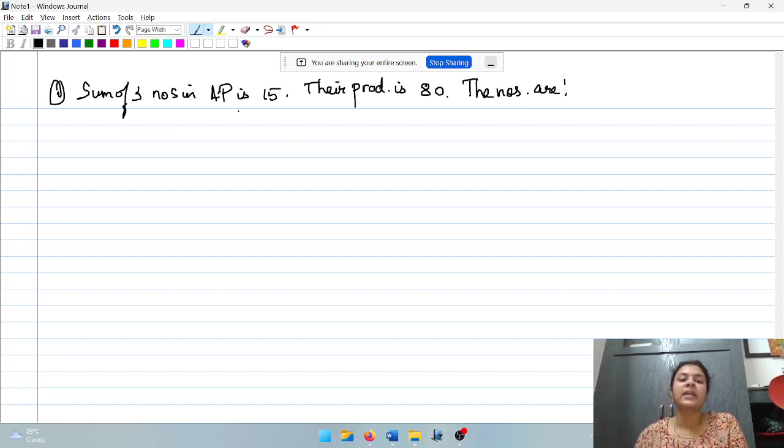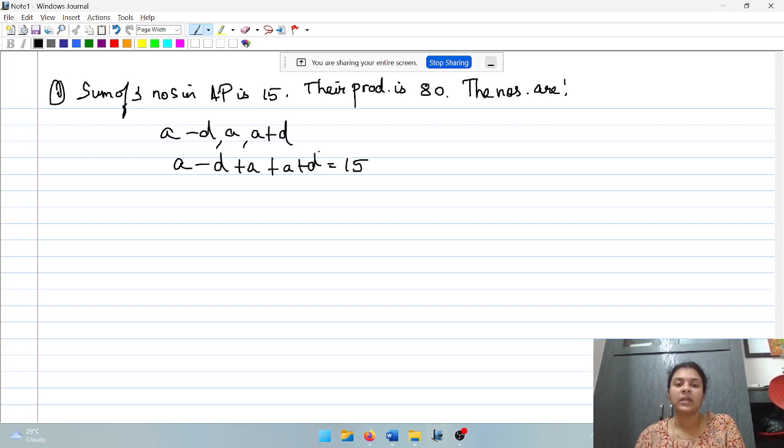So when I say 3 numbers are in AP, it is always safe to assume A minus D, A, A plus D. So the 3 numbers are in AP, the sum being 15. So A minus D plus A plus A plus D equals 15. D you can cancel, which gives you 3A equals 15 and A therefore equals 5.